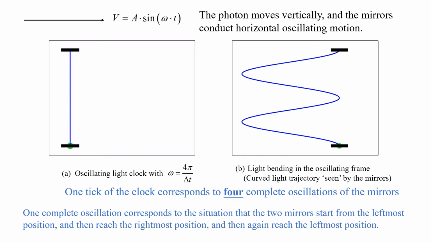This slide shows that one tick of the clock corresponds to 4 complete oscillations of the mirrors. And video B here shows the light bending in the oscillating frame.